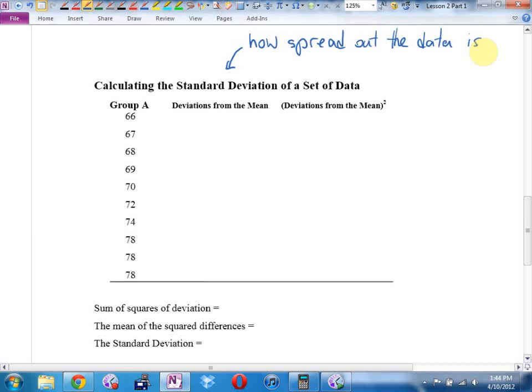And so the first thing that they thought that they would do is they would try going the mean minus the data, for each piece of data. Oops, I'm going data minus mean.